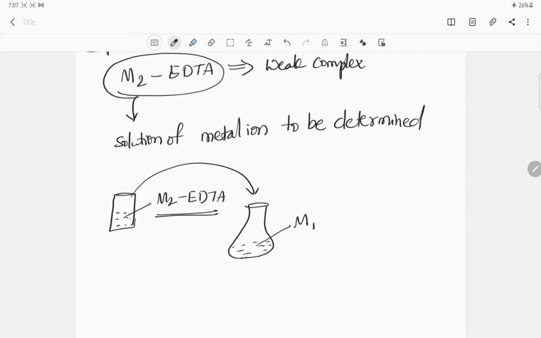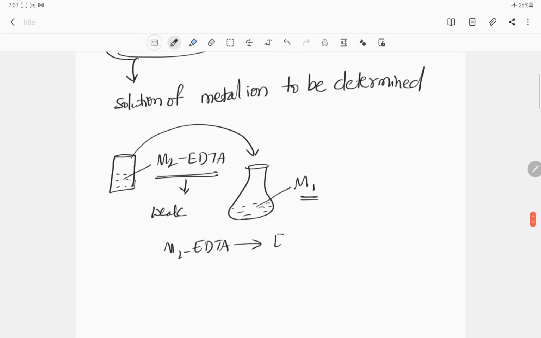As this complex is weak, whenever EDTA comes in contact with M1, then M2 EDTA will be freed, means EDTA will be freed and combines with M1 to form a strong complex.